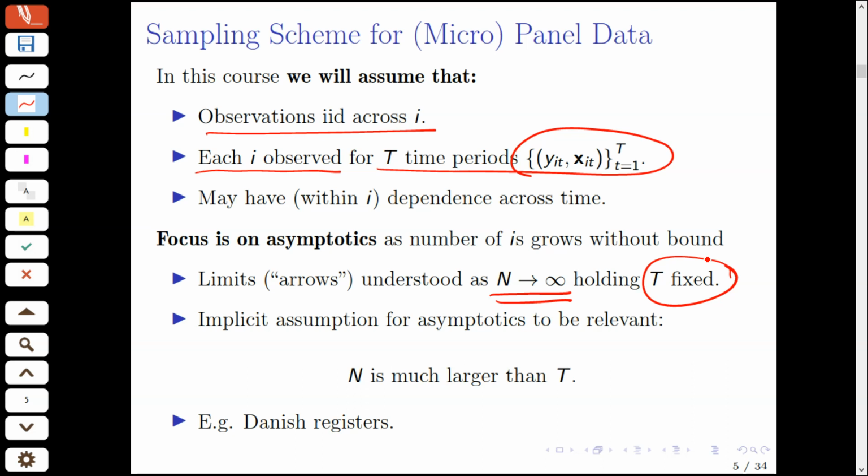An implicit assumption for this type of asymptotics to be relevant is that the cross-sectional dimension N is much larger than the panel dimension T. A good example of a data set which satisfies this type of assumption are the various Danish registers, where we see millions of Danes across maybe a time span of 10 to 25 years, something like that.